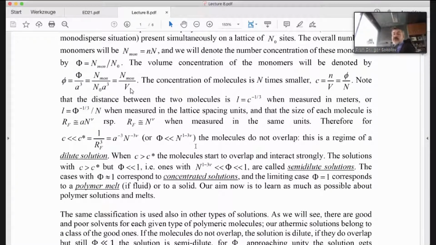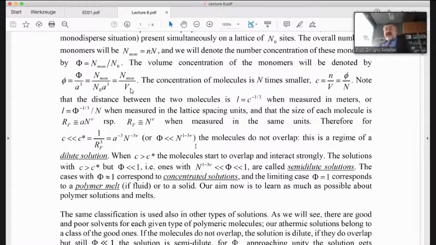It is proportional to N to the power of minus 3 nu. So at very small concentrations, I have a dilute solution, and the chains can be considered as non-interacting. They're separated by large distances. Then I come into the domain of a semi-dilute solution, where the interaction between the chains gets considerable.